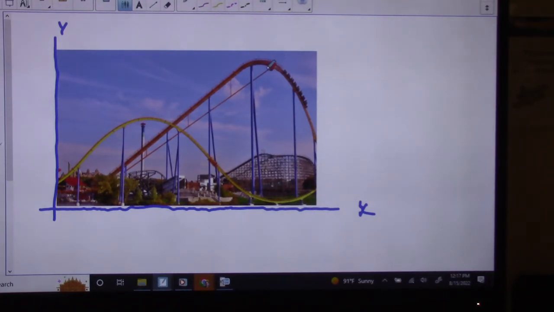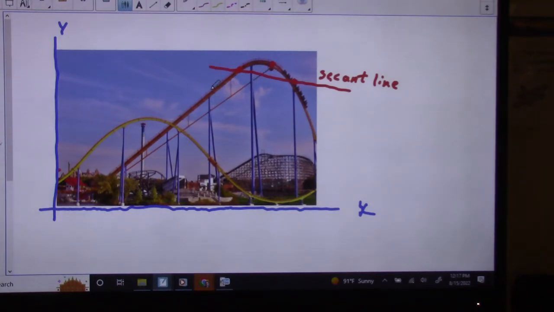Up until now, I will show you what you've been doing. You've been taking this point right here and a point right here on either side of this point, and using those 2 points to create what we call a secant line. This is called a secant line, not to be confused with the trigonometric ratio secant. The secant line is created when you have 2 points.